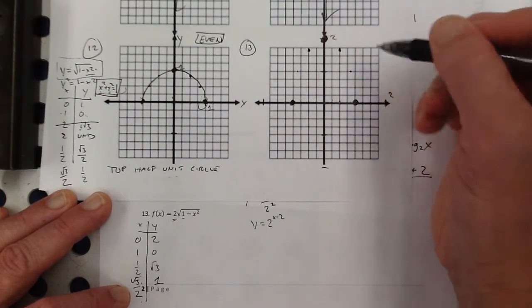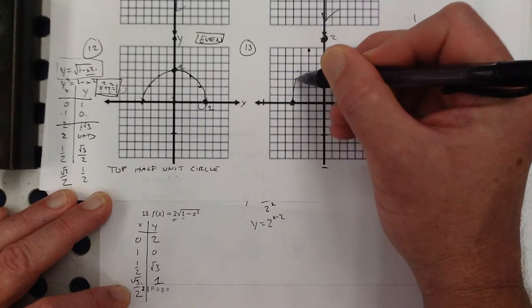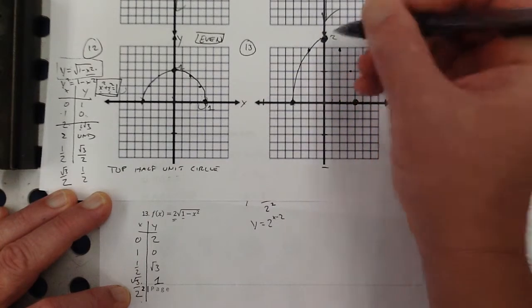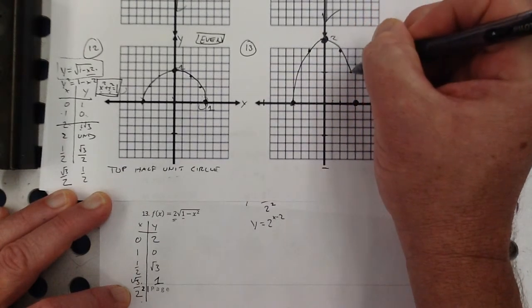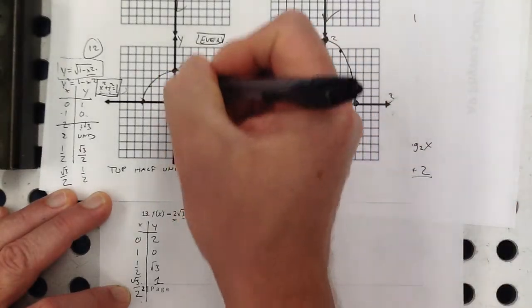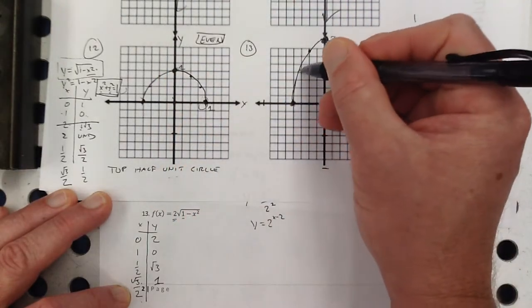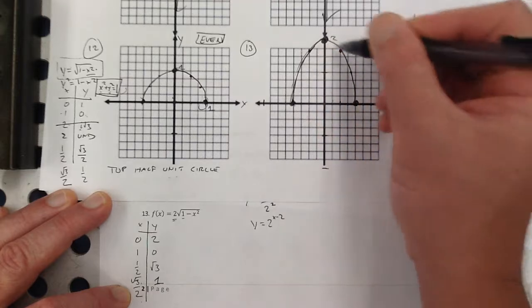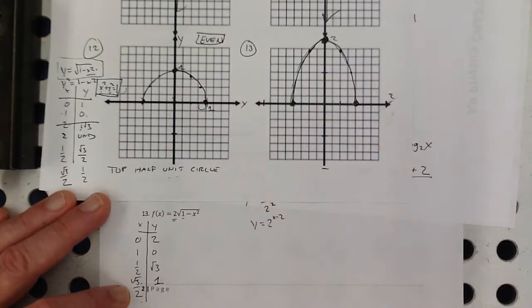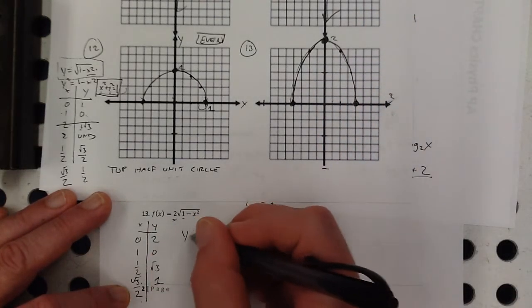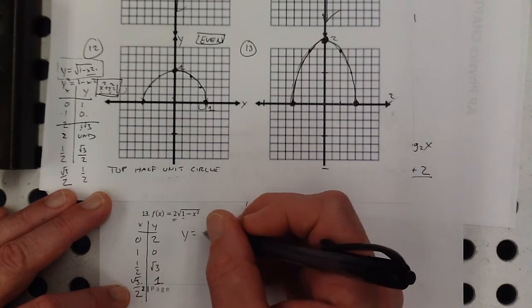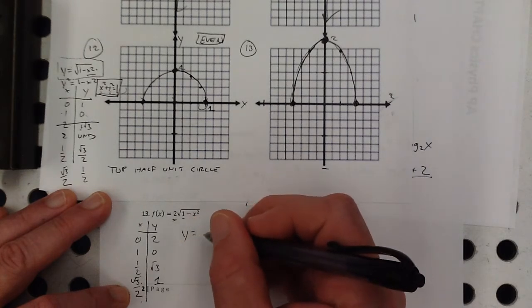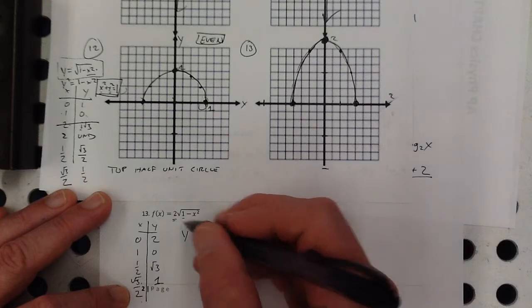So it looks like, I guess that's not really surprising when we realized we were just doubling all the y values. So it's like taking this and stretching it up by a factor of 2. Now, if we wanted to understand what's happening here, what if we squared both sides?